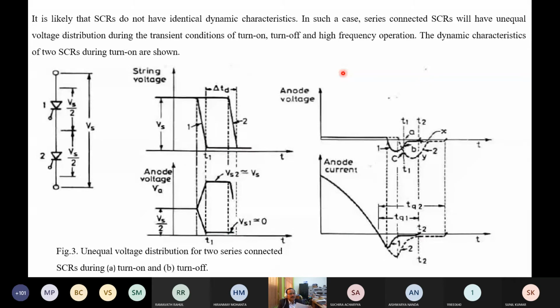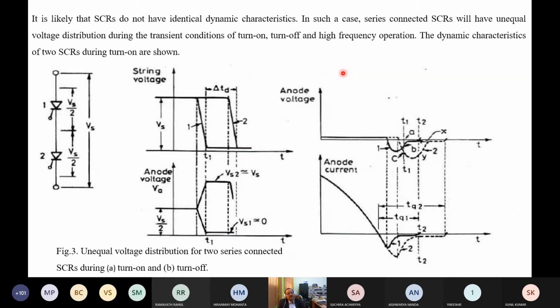A simple resistance is not sufficient to make the voltage distribution uniform during switching action. This unequal distribution of voltage during switching action is because of the shunt capacitance, the self capacitance of the thyristor.